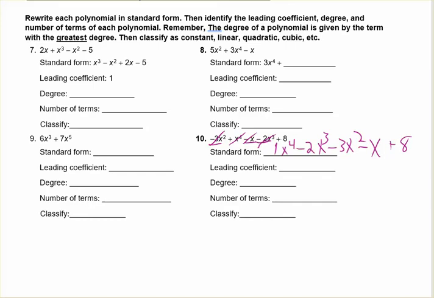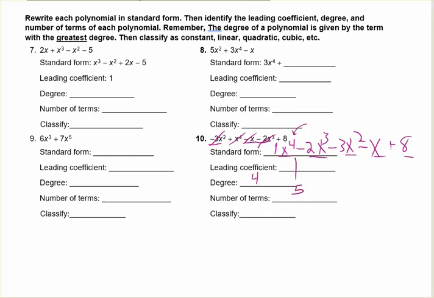The leading coefficient is the number in front of the first term once you write it in standard form. So that's why I put that 1 there, so I wouldn't think that there was no leading coefficient. There is, it's just 1. The degree is the exponent on the first term once you write it in standard form, so it has a degree of 4. The number of terms is 1, 2, 3, 4, 5.